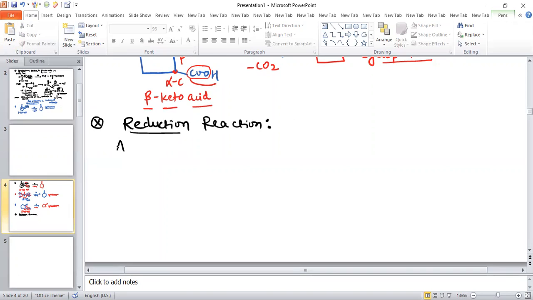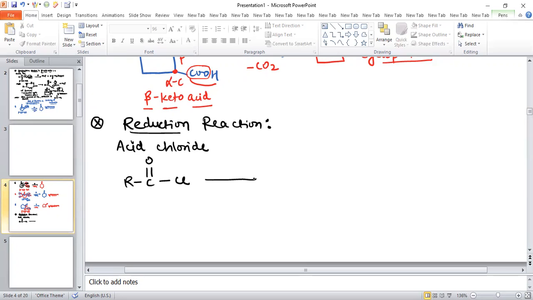So if we have acid chloride, which compound is acid chloride? Acid chloride is RC double bond O and Cl. So this compound is acid chloride.